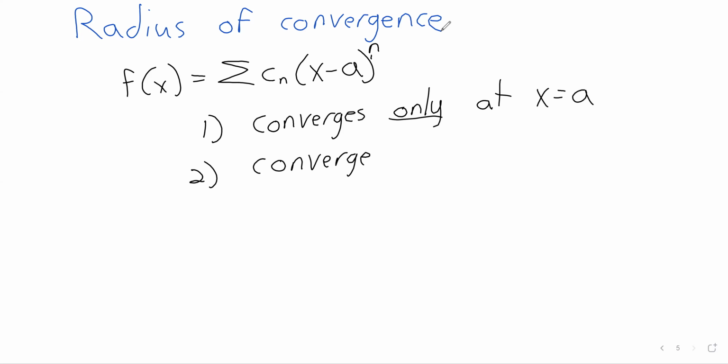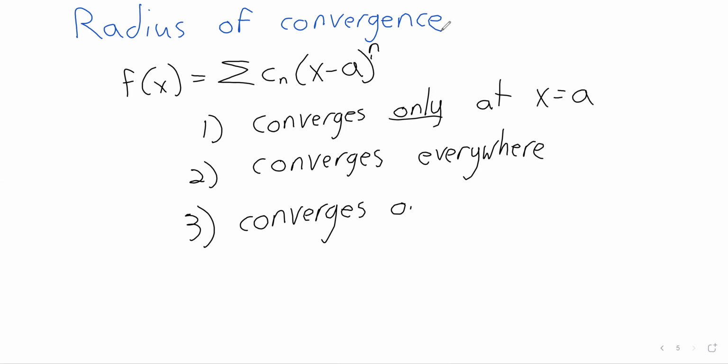Or it might converge everywhere. Or it might converge on an interval centered around the center. And those are the only three things that can happen. It's one of these three.